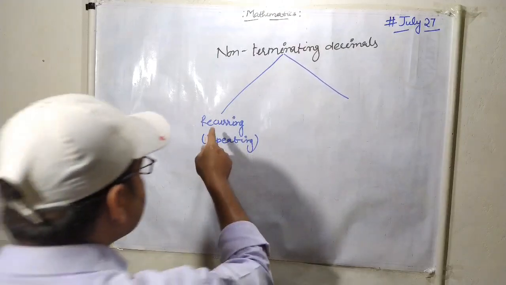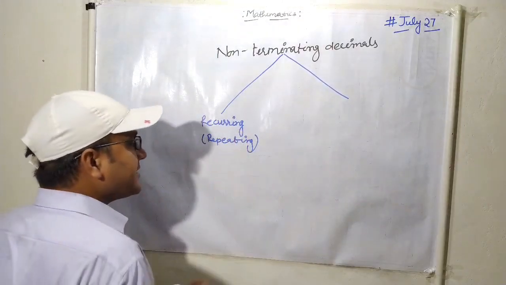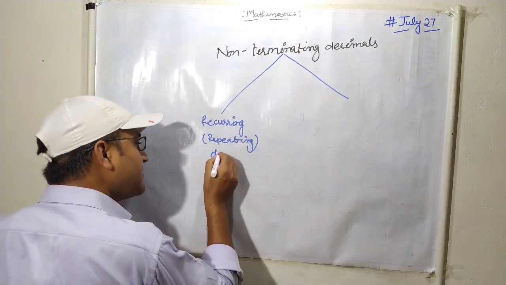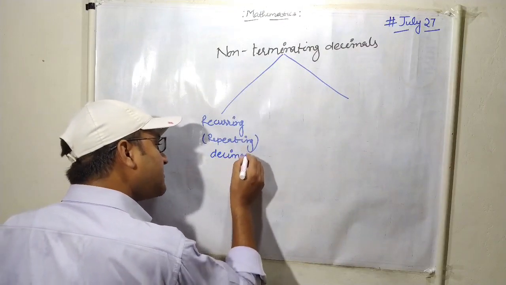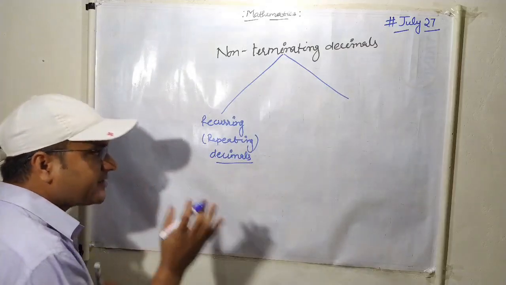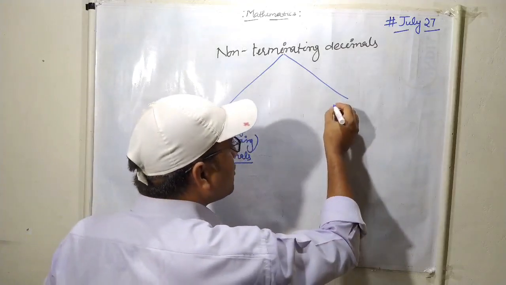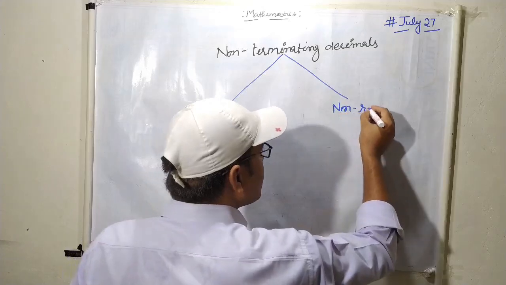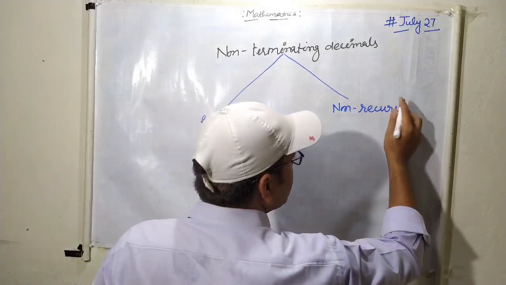Here you see this one. The first one is a recurring or repeating decimal. Repeating decimal means that after a few steps, a digit or a block of digits is repeated. The second one is non-recurring, non-repeating.